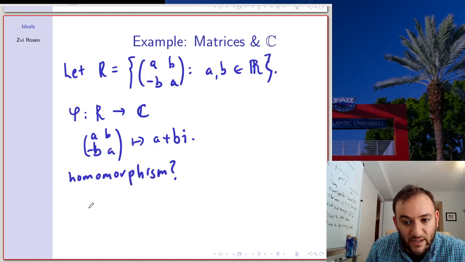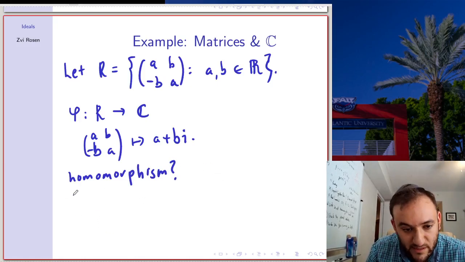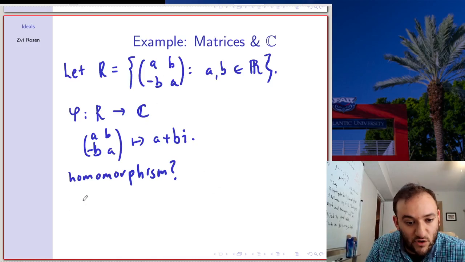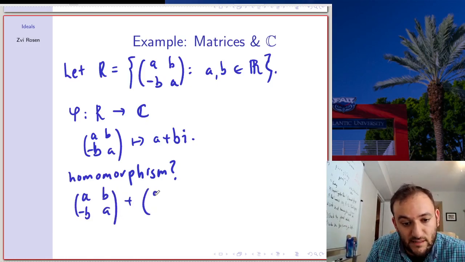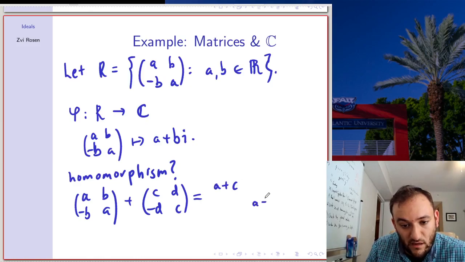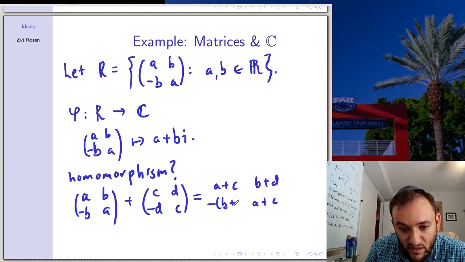Okay, well, in a matrix ring, the addition works pretty simply. You just add each coordinate. So when we have (a, b; minus b, a) plus (c, d; minus d, c), this will be (a plus c, b plus d; minus b plus d, a plus c).